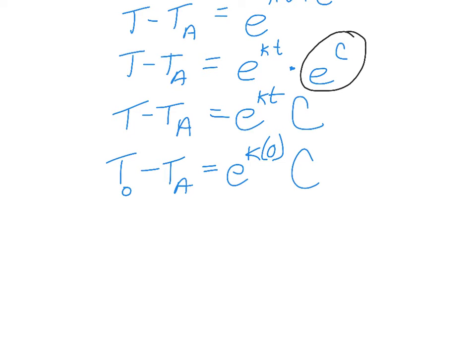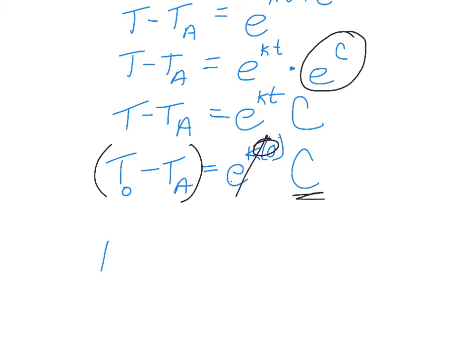Now this is pretty good because we got k times 0 is just going to be 0. e raised to the 0, anything raised to the 0 is 1. So now we're left with C is equal to T0, the temperature that we start with, minus the ambient temperature. So we now have what C is. We need that constant, right? We're going to take those, that defined situation to find C.